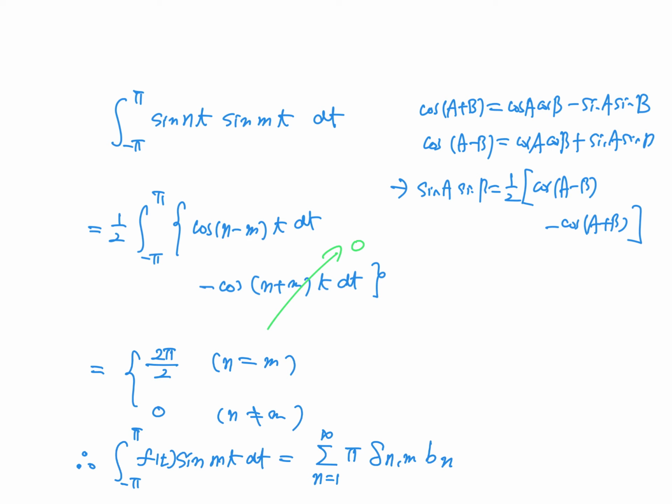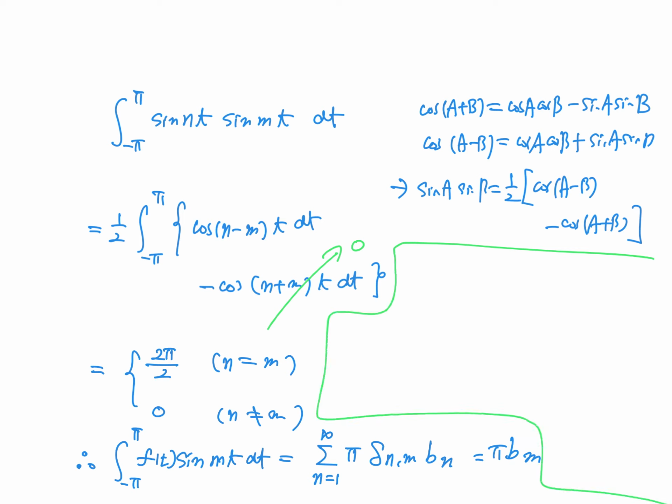So this is actually pi b_m, or b_m is 1 over pi times the integral of f(t) sine mt dt. So that's your homework.